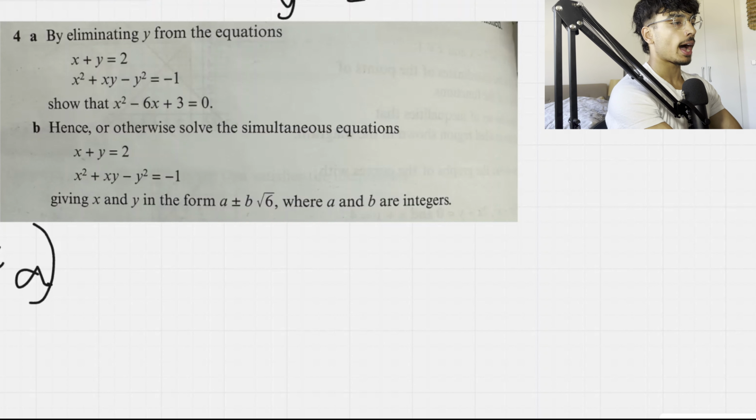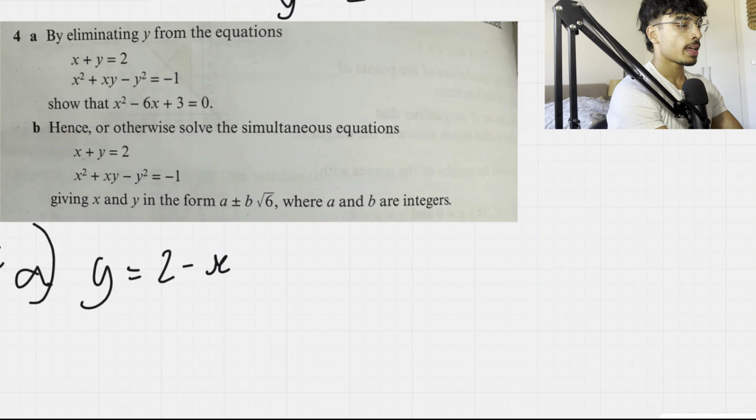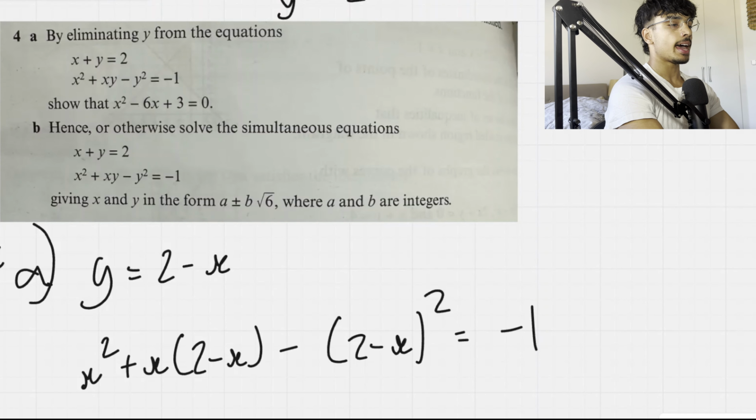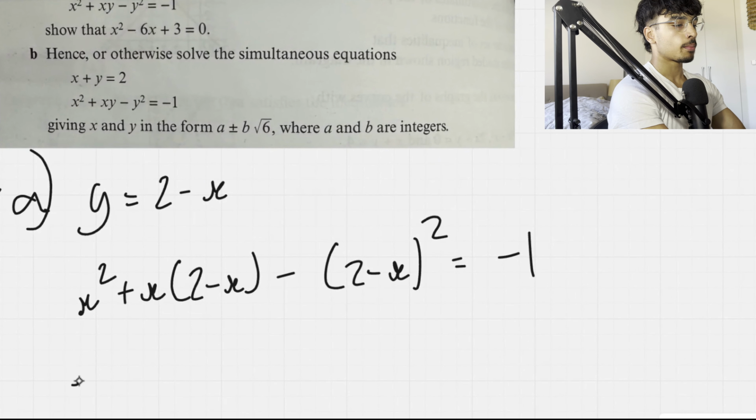So we know that y is equal to 2 minus x. So then we sub that into the quadratic. So x squared plus xy, so plus x brackets 2 minus x, minus 2 minus x all squared is equal to negative 1. Alright, then what we need to do is x squared plus 2x minus x squared.